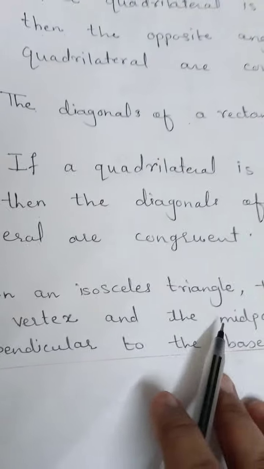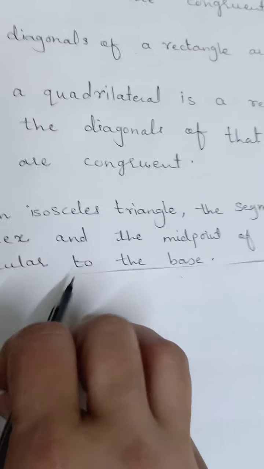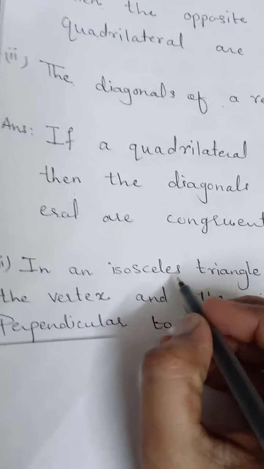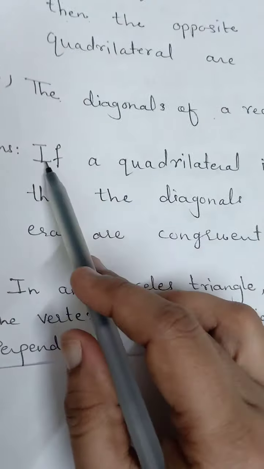So now see here, question number 3. What is the question given? Same question I have taken: in an isosceles triangle, the segment joining the vertex and the midpoint of the base is perpendicular to the base. So this statement is talking about the triangle. As we started our statement with if a quadrilateral, in the place of this quadrilateral we will write triangle.